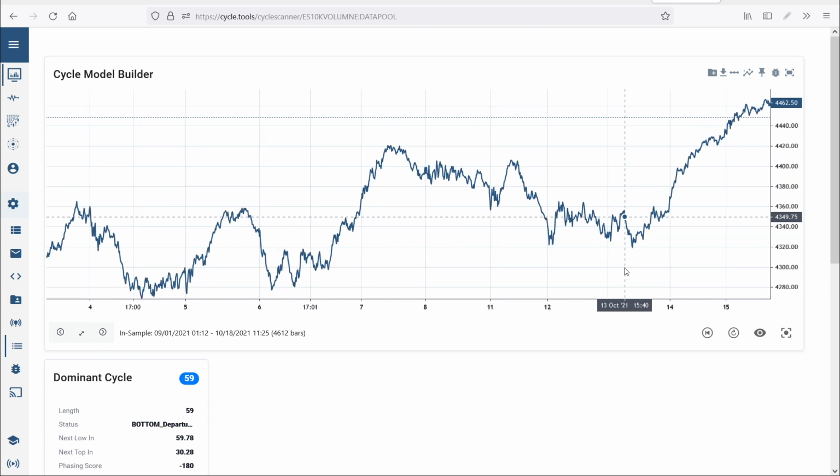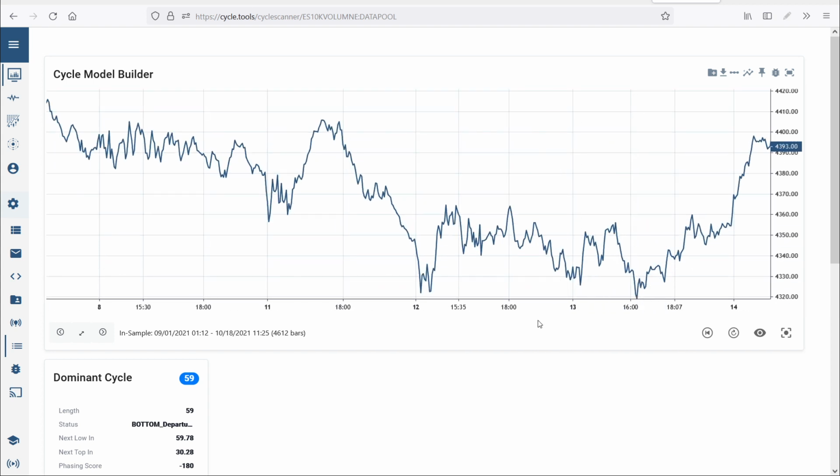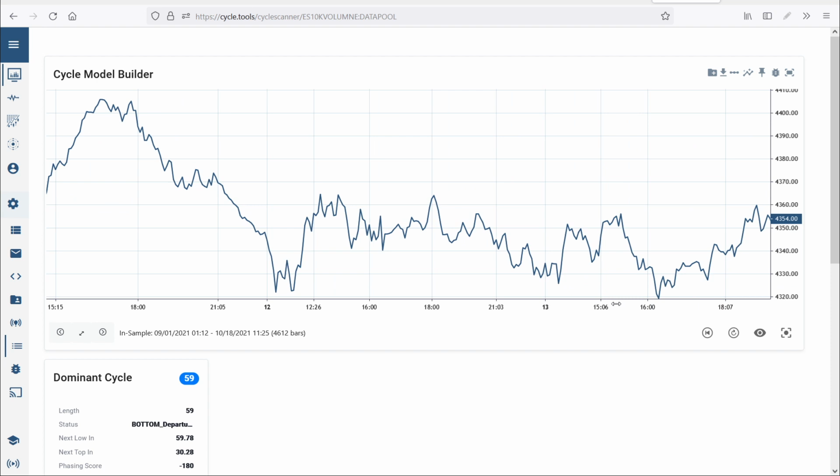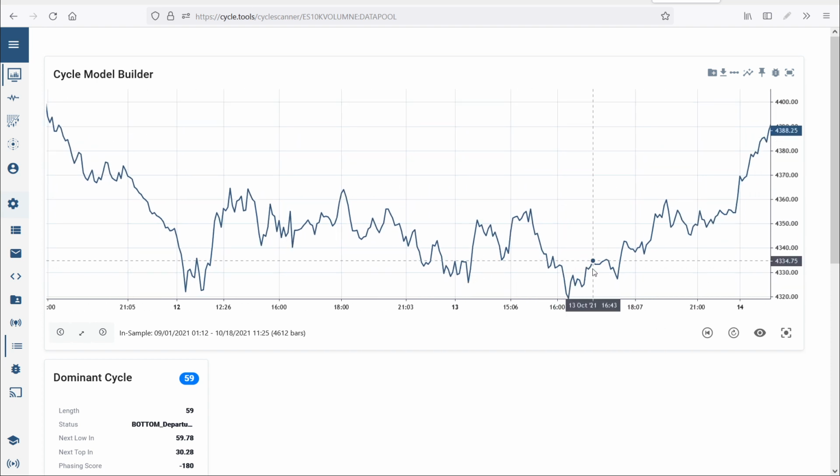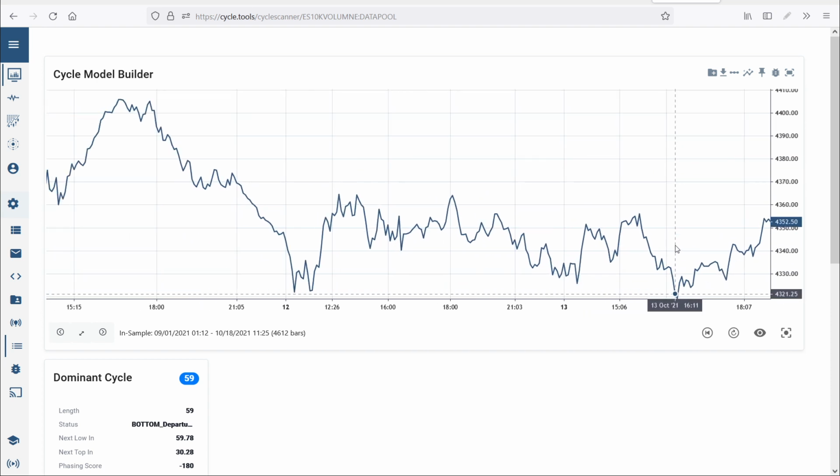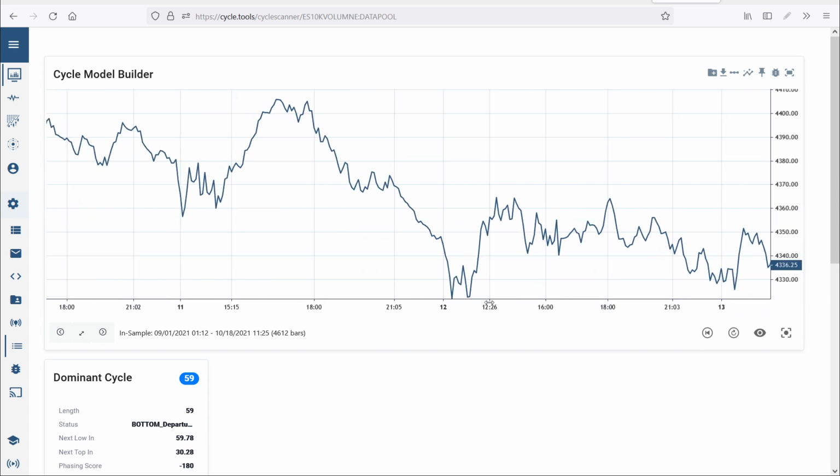However, you see down below that we have the time axis, but if you look closely, this time axis is not linear. For example, here you see the time from 12 o'clock up to 4 o'clock in the afternoon, which is the same distance as from 16 to 18 o'clock, which is just 2 hours. And then we have another 4 hours from 18 to 9 o'clock in the evening.